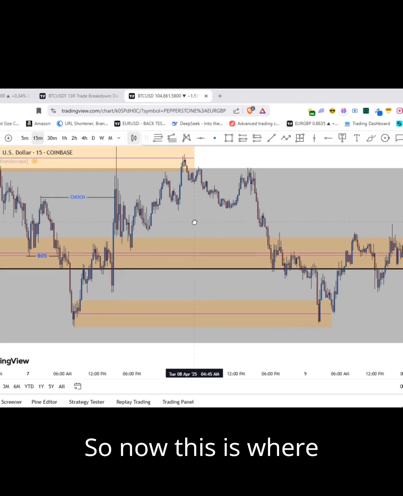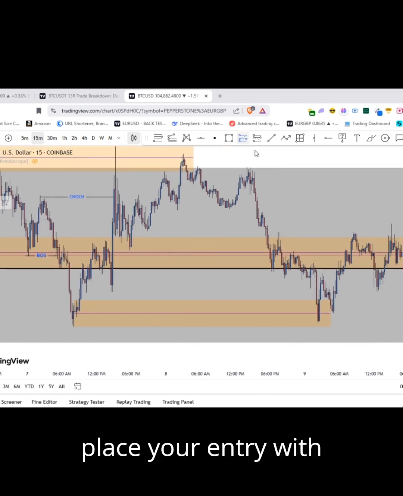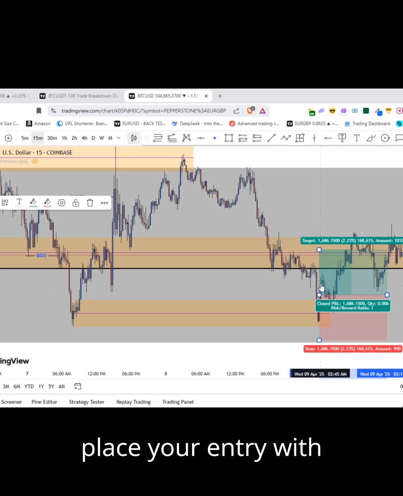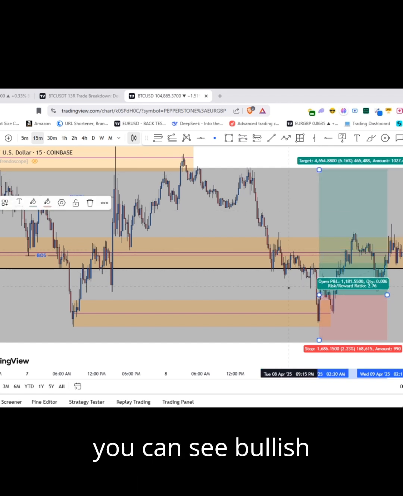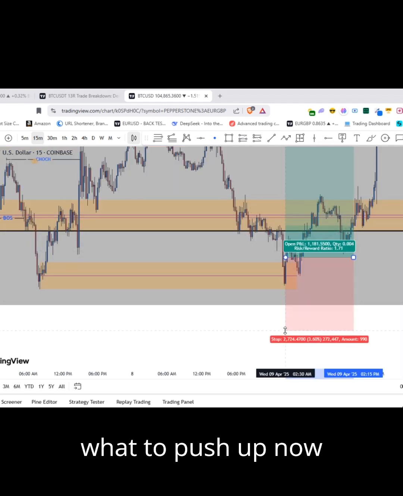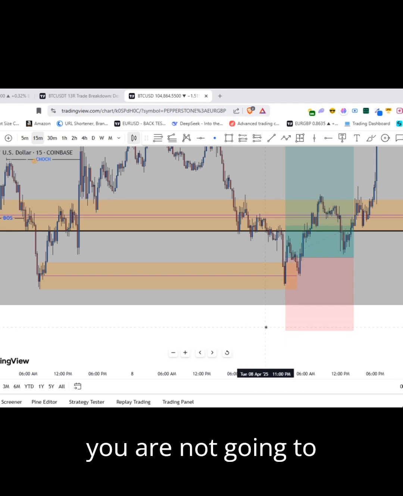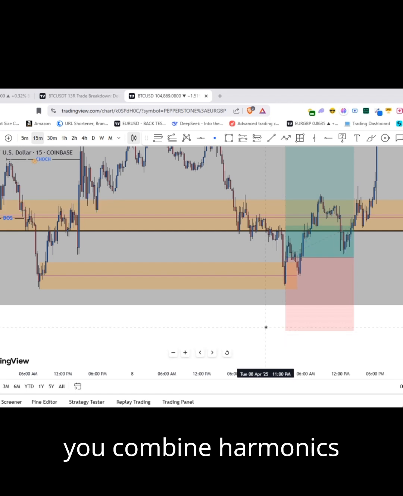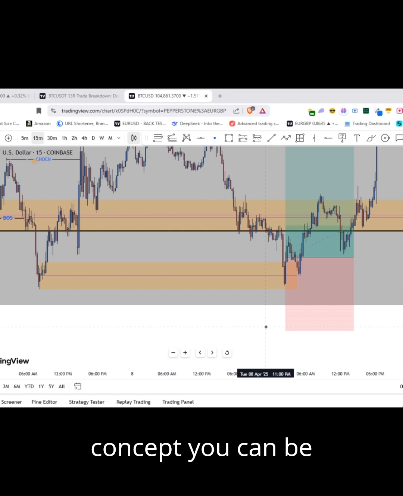So now this is where you can confidently place your entry with this confirmation, and you can see a bullish move, meaning that price is ready to push up. That's why if you combine harmonics with smart money concept, you can have precise entry with high risk to reward, so that whenever you make profits, you make more, and whenever you take a loss, you take a small loss, right?